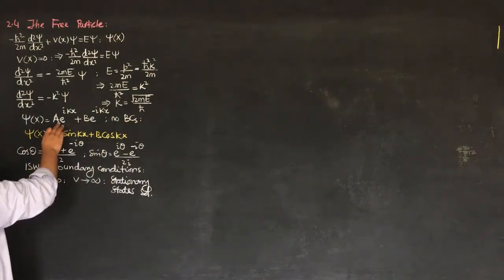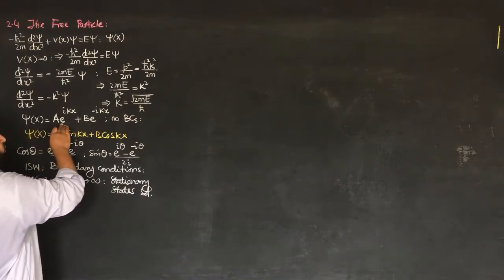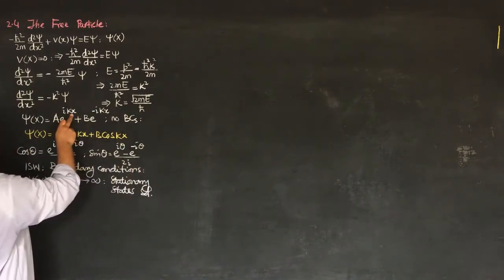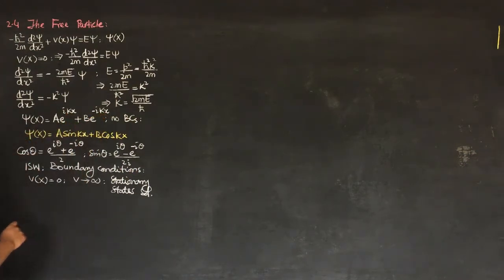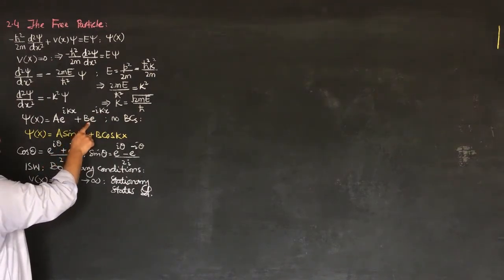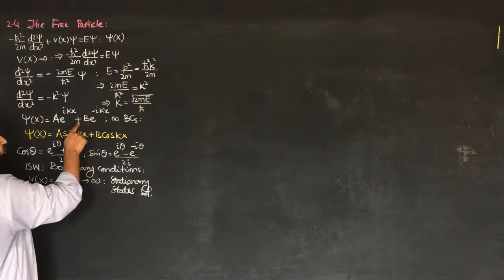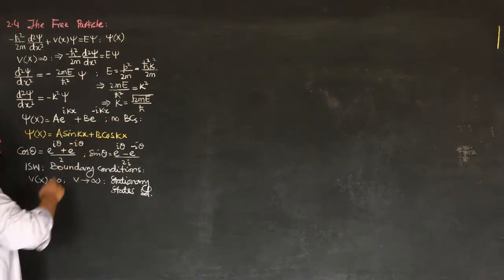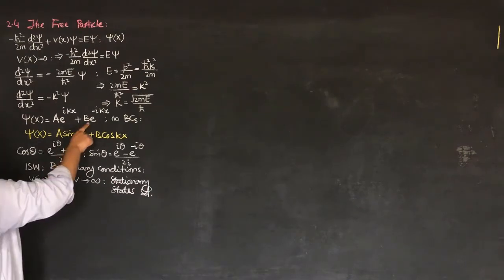It's a free particle. This particle is actually extending to infinity in the plus x direction and extending to minus infinity in the minus x direction. So we have no restriction on this particle to be bound anywhere, and this is the reason that if we write this solution in the sine and cosine form, then we cannot get the result easily from it.